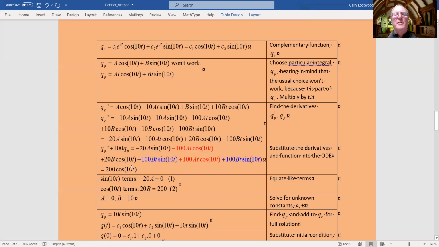And that has to be equal to the original right-hand side, 200 cos 10t. My English language summary is just: substitute the derivatives and the function into the ODE. And I should probably say that's the non-homogeneous form of the ODE.